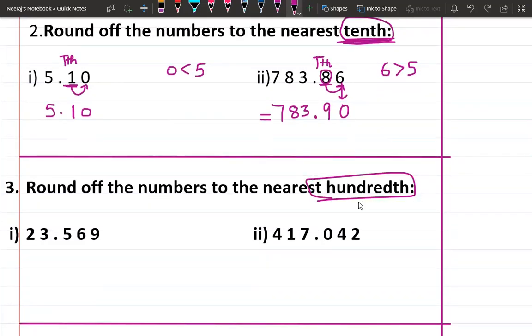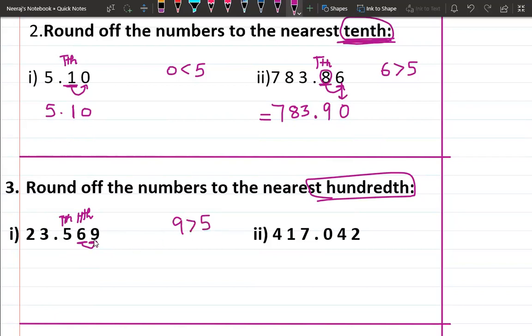So firstly we have to see the hundredths place. This is your tenths place, and if you move further, you will get the hundredths place, HTH. So 6 is on the hundredths place, so you need to see the right-side digit, that is 9, and 9 is a strong number, and it is greater than 5 also.